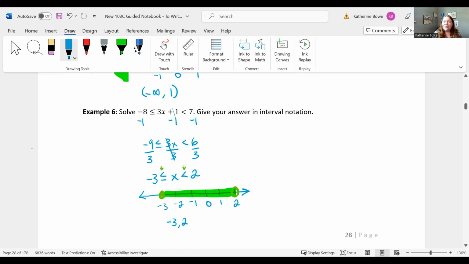We need to decide whether we're including or excluding these numbers. -3, since it's less than or equal to, since I have a closed circle, this is going to be a bracket. I'm going to include it. And for 2, since this is less than and not less than or equal to, since this is an open circle, I'm going to use a parentheses. So there is my solution to that inequality.